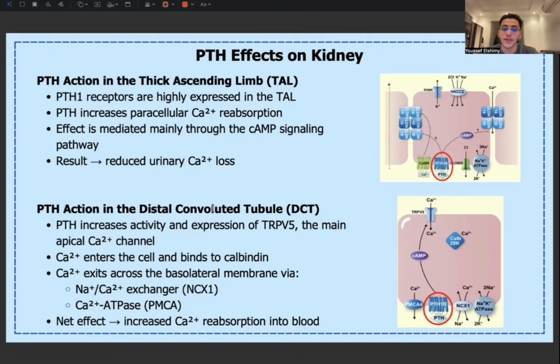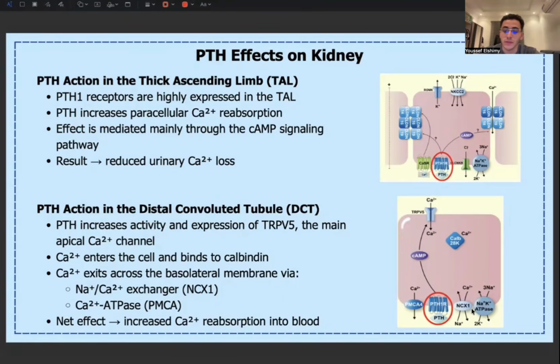We have another effect on the distal convoluted tubule. So also PTH binds to the PTH1 receptor. This would lead also to increased cyclic AMP activity, and this would lead to the expression of this channel, which is called TRPV5. This channel is found on the apical surface of the kidney, and this would lead to calcium entry inside the cell. Calcium would then bind to calbindin, and it gets transported outside through two main transporters.